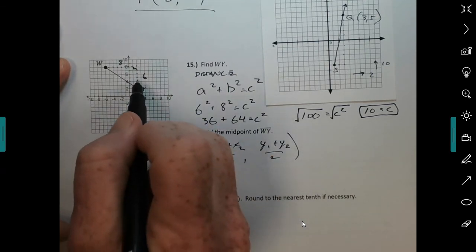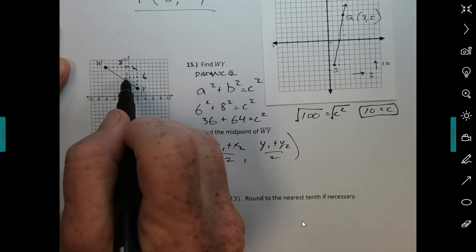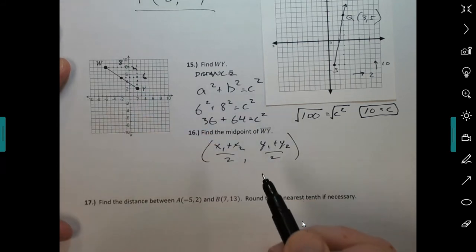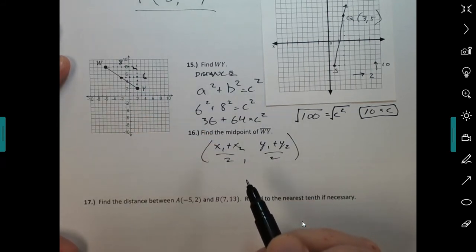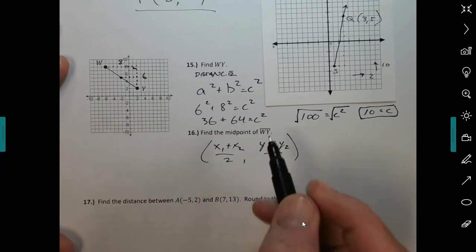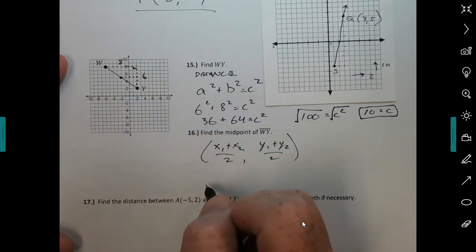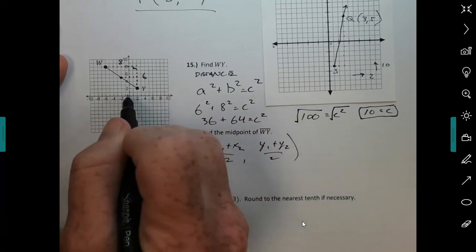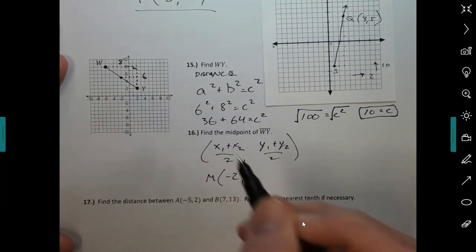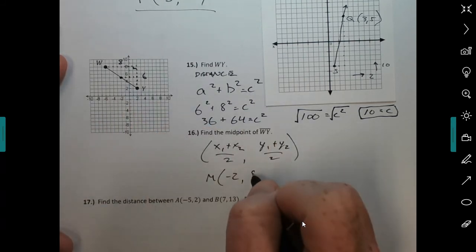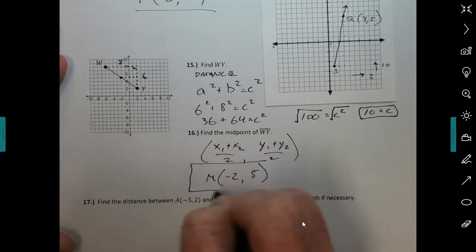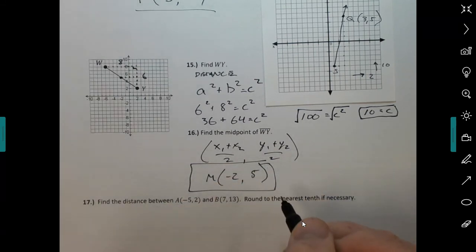So if I rise 3 and run 4, every now and then I can do this maybe a little bit simpler. I just need to make sure I know where the coordinates of that point are. And the midpoint happens to be at -2, +5. If you didn't have a visual situation, you can always use the midpoint formula there.